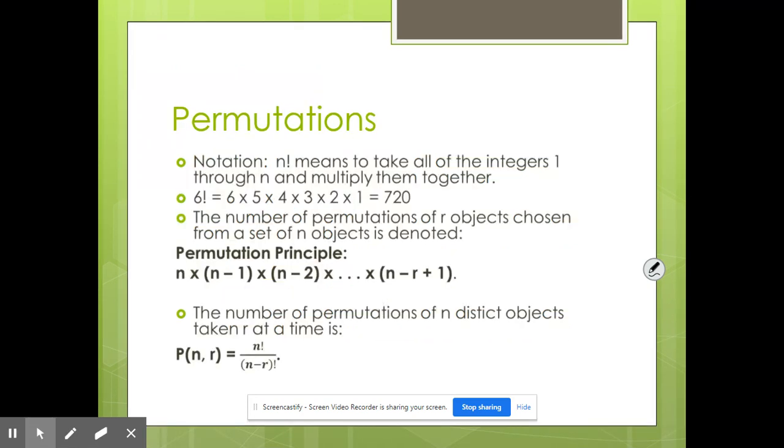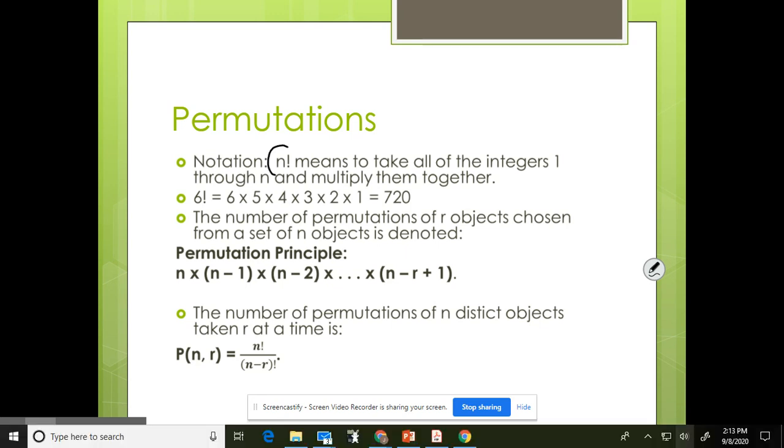All right, so some formalities here. First off, some notation. I don't know if you've seen this before: N with an exclamation point. Sorry, that's about as excited as I can get about what's called N factorial.